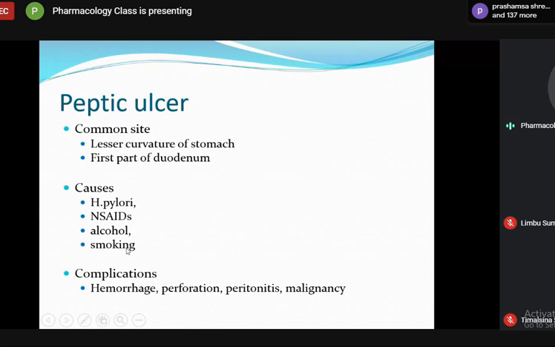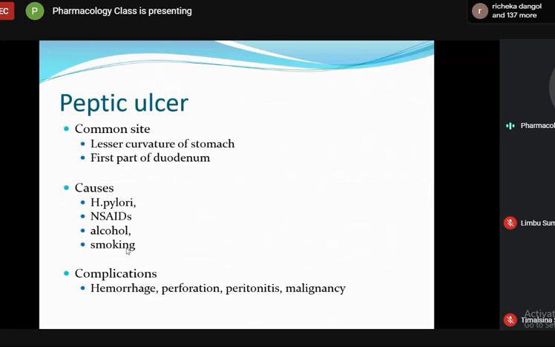While managing a case of peptic ulcer, or giving the drug, you must know the cause of the peptic ulcer. First of all, we must remove that cause, and only then can we treat the peptic ulcer. Just giving proton pump inhibitors or H2 blockers cannot treat the peptic ulcer, so we must remove the cause also.